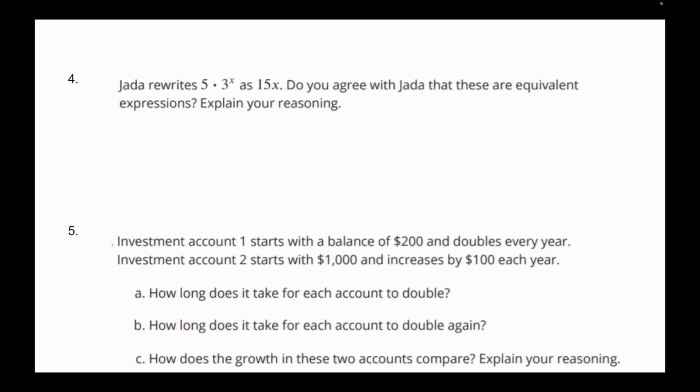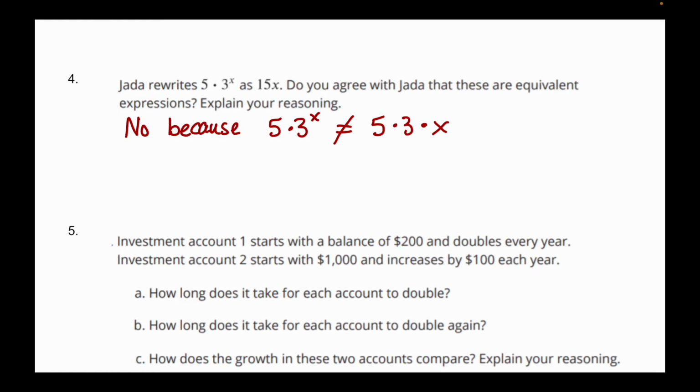So, I would say no, because it basically looks like Jada just brought the exponent down into the problem as one of the things we're multiplying by. So I'm going to say no because 5 times 3 to the power of x is not equal to 5 times 3 times x.